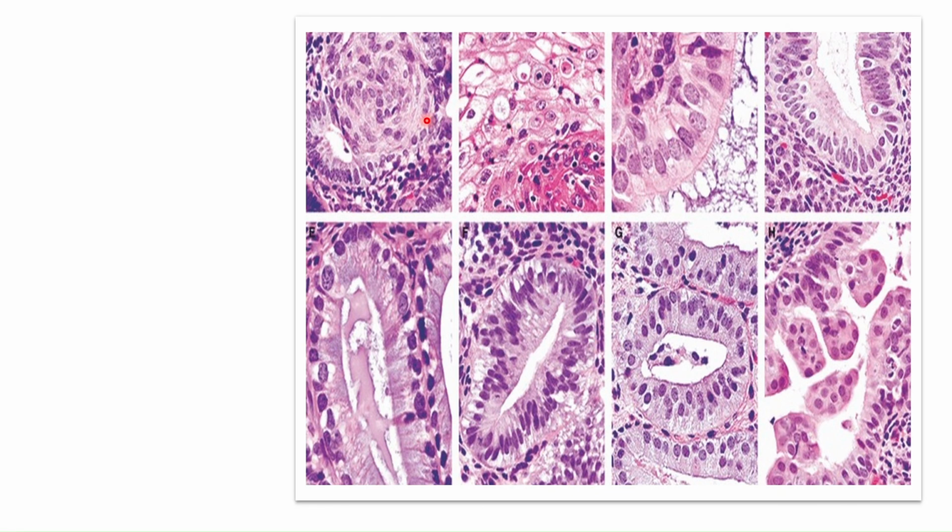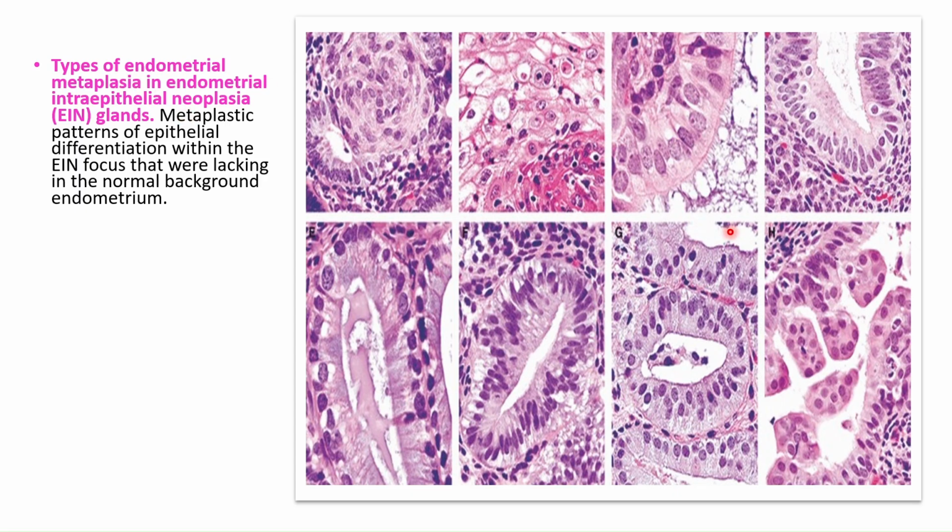The sections are showing metaplastic changes in endometrial hyperplasia. We have already discussed metaplasia in previous lecture, but if we see here, this type of metaplasia can be seen in EIN glands. So different features on different metaplasia: here we can see this is squamous morule, this is squamous surface, and here ciliated metaplasia.